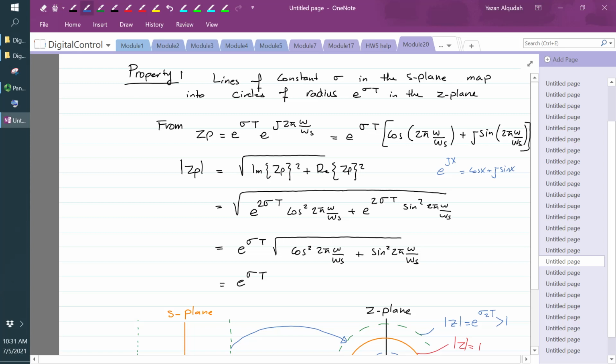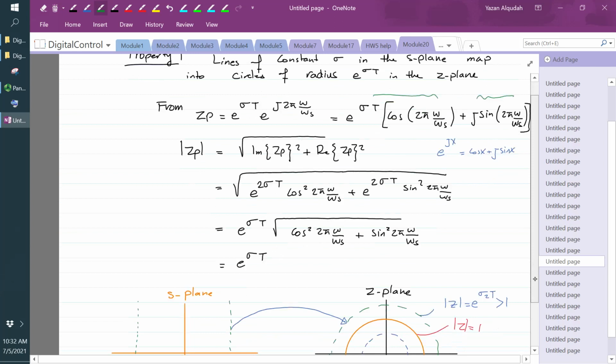So if I take the magnitude of z_p, which is a complex value with a real part and an imaginary part, I square the real part and the imaginary part, add them, and take the square root.